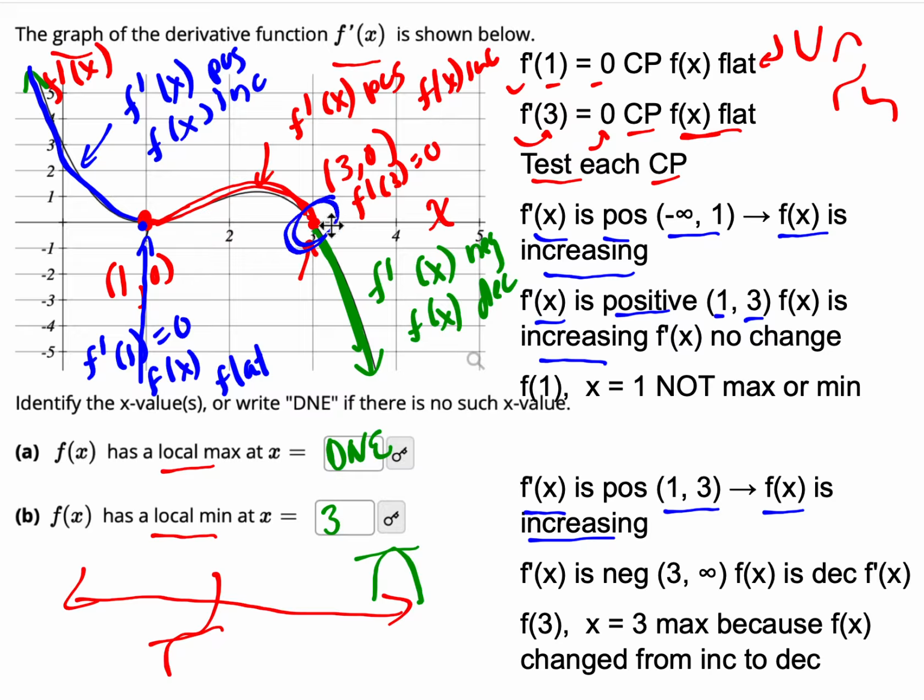At this critical point here, I'm neither increasing nor decreasing, but then from x equals 3 to x equals infinity, I'm below the x-axis. So f prime is negative. That tells me that f of x is decreasing. That's telling me that x equals 3 is a maximum because I changed from increasing to flat to decreasing.